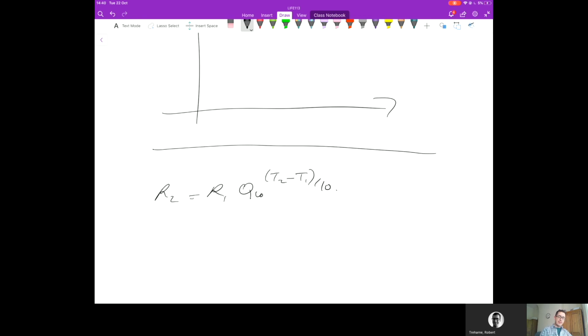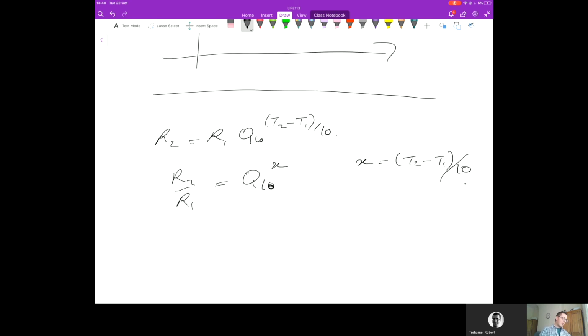Now, a lot of people like to do this on their calculators, which is perfectly fine. What they do is R2 over R1 equals Q10 to the X, where X, of course, equals T2 minus T1 over 10. And they work that value out, and then they go, well, Q10 must be the Xth root of R2 over R1. You can do it that way too. Absolutely fine. I don't want any smug gits coming to tell me they can do it that way without using logs. I already know.